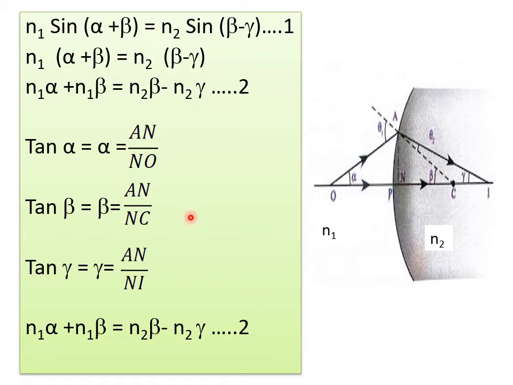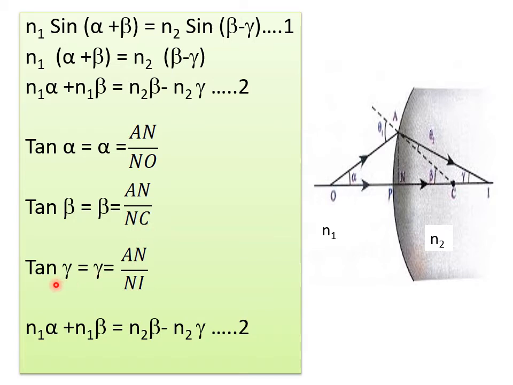Similarly, next to take the angle beta, you take the triangle A and C. For beta, opposite is AN and adjacent is NC. So tan beta is approximated to beta, already I told you, because of paraxial rays, that gives you AN by NC.